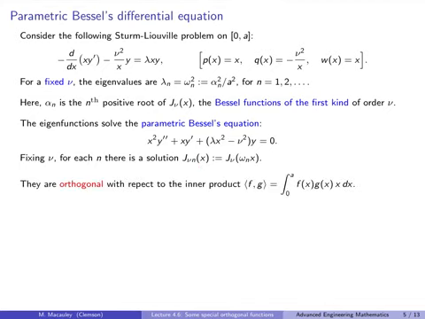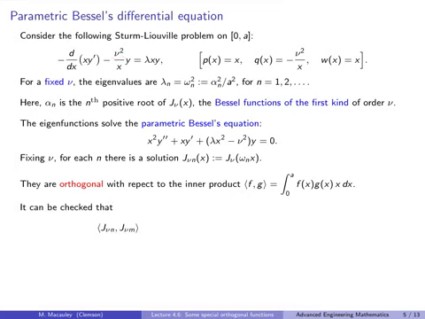These functions are orthogonal with respect to the inner product: f dot g is the integral from 0 to a of f of x, g of x times the weighting function x dx. And again, this nu here is fixed throughout this whole problem.